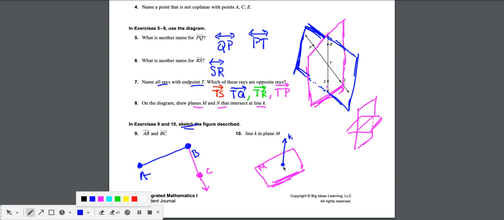You could emphasize that it's behind the plane by using dashed or dotted lines, and then it would come out the other side. So that's one way to draw it to make it look more three-dimensional, but again, tricky to draw planes. Probably won't ask you to actually draw or sketch a plane on your actual test, but it's good practice.